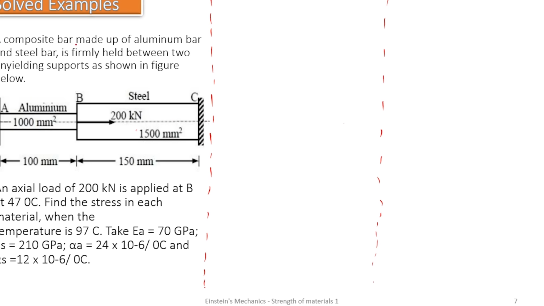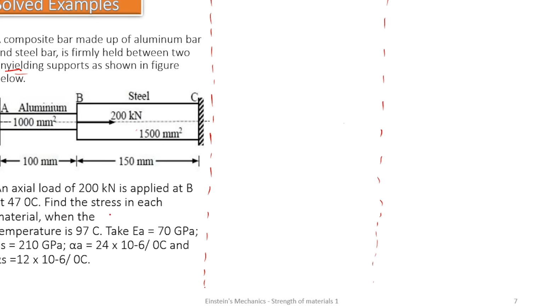So let's take a question. A composite bar, made of an aluminium bar and steel, is firmly held between two unyielding supports. Unyielding, not moving, they are fixed, as shown in the figure below. An axial load, 200 kilonewton, is applied at B. This is the 200 kilonewton.